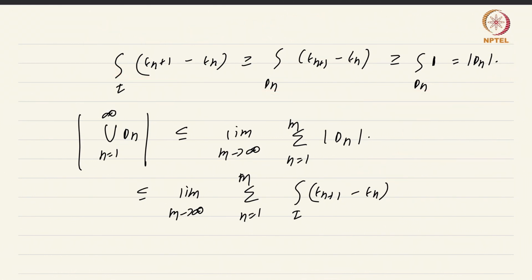But this is sort of like a cascading sum. This is equal to the limit as m goes to infinity of the integral over I of T_{m+1} minus T_1. Since T_1 is a non-negative function, we can just get rid of this in an estimate and write that this is less than or equal to the limit as m goes to infinity of the integral over I of T_m, which is going to be less than or equal to epsilon by 2.